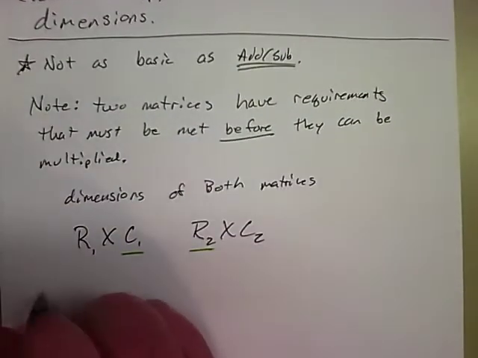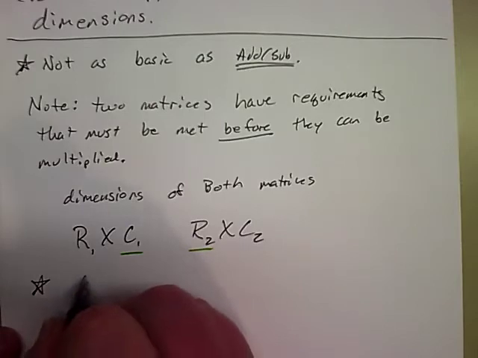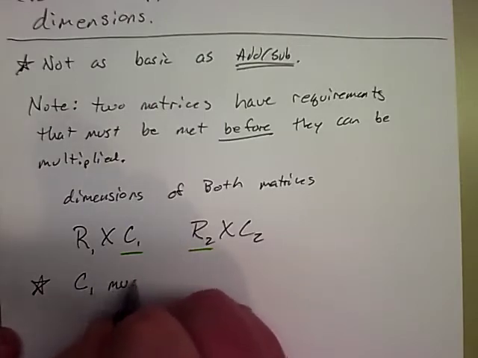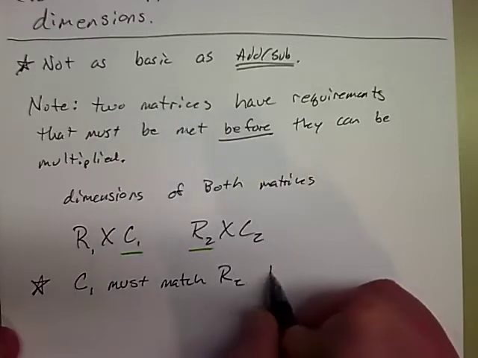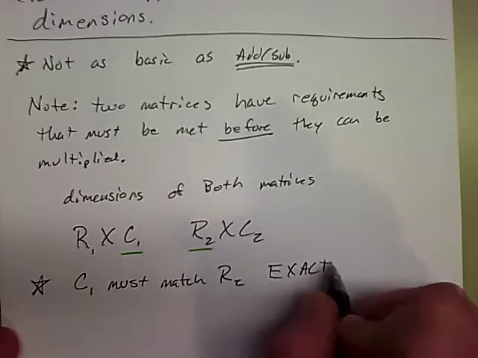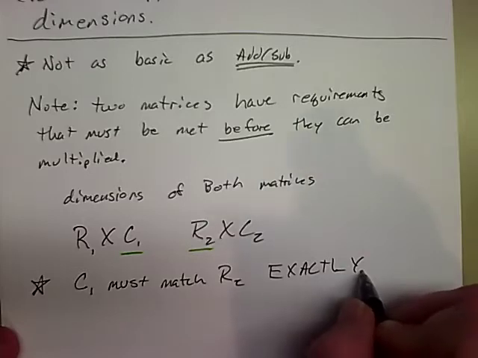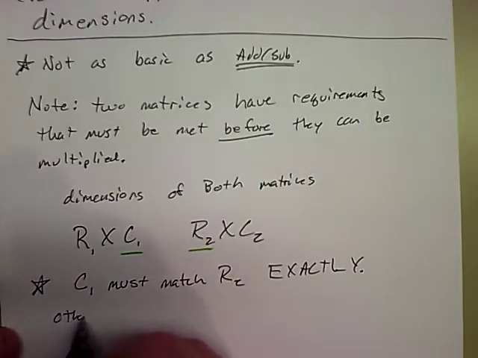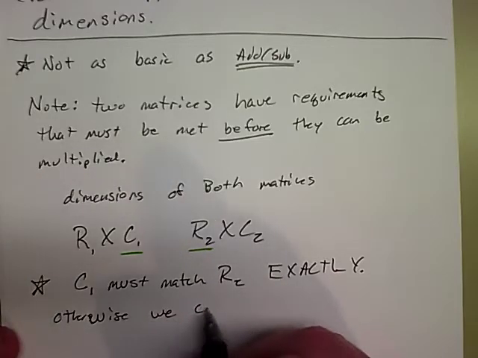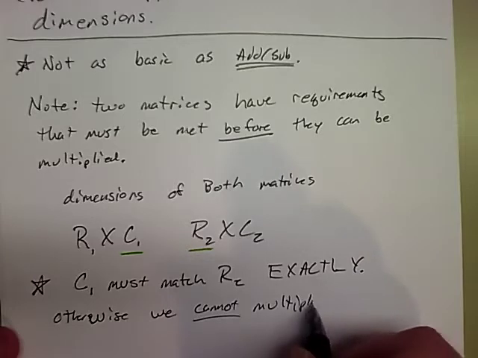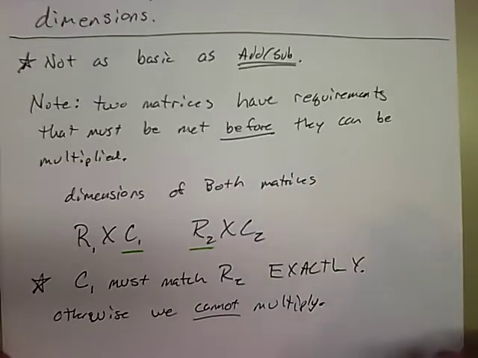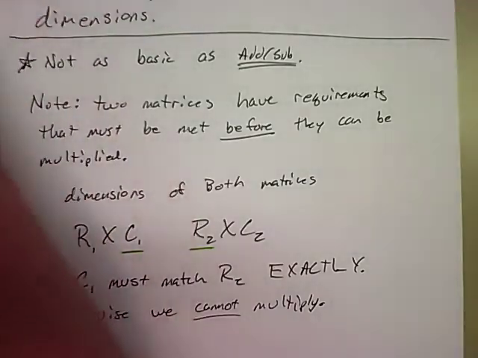So I'm going to write it like this. I'm going to say that C1 must match R2 exactly. Otherwise, we cannot multiply. All right, so C1 and R2 have to match exactly, otherwise we can't multiply.